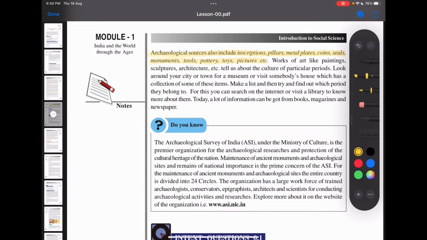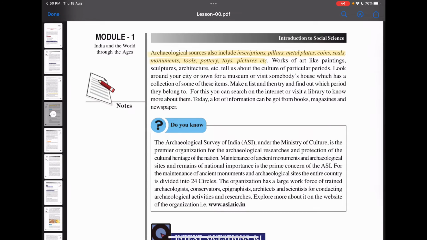Look around your city or town for a museum, or visit somebody's house which has a collection of some of these items. Make a list of them and then try and find out which period they belong to. For this, you can search on the internet or visit the library to know more about them. Today, a lot of information can be got from books, magazines, and newspapers.